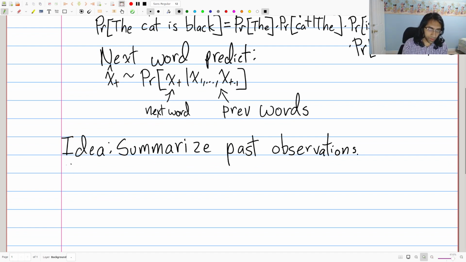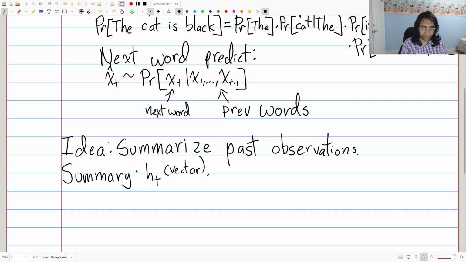So the summary will be, say, h sub t, which is a vector. I'm not going to specify the dimensionality of this because it could vary depending on how big you want your hidden state to be, but I'll just write down that this is a vector. Okay, so if you have this summary, then all you have to do is replace this history using one of those.